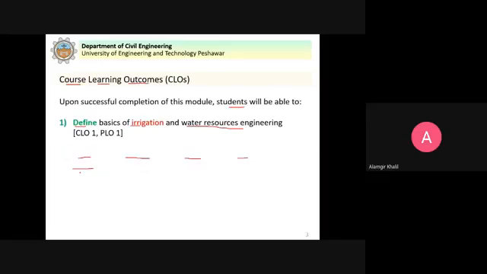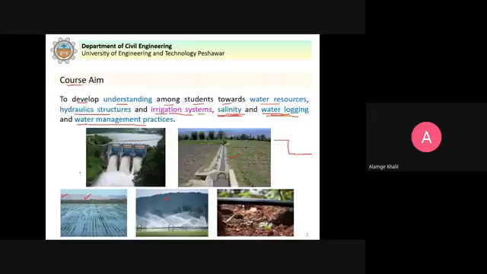In this case, there are the different hydraulic structures that we have to study, as I explained, in the form of dams, weirs, barrages, canal outlets, canal falls, cross drainage works.